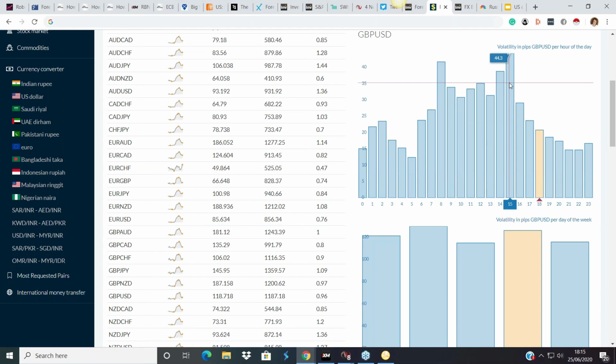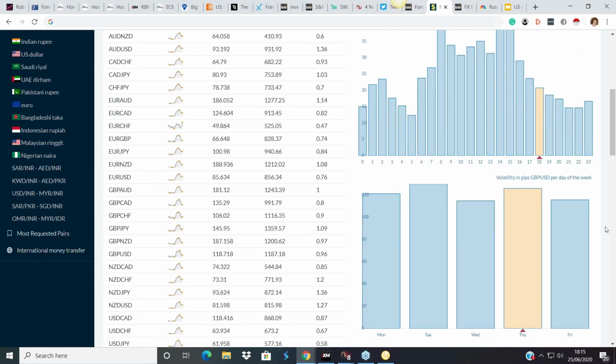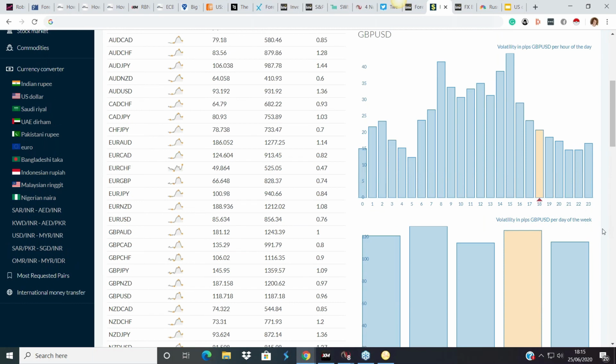There's all sorts of tools on this site, correlation tools. It's the kind of information where you say, well, why do I need all this stuff? You don't need it in the sense that it's absolutely vital. No, but it will give you an understanding and more confidence in what you're seeing on the chart.